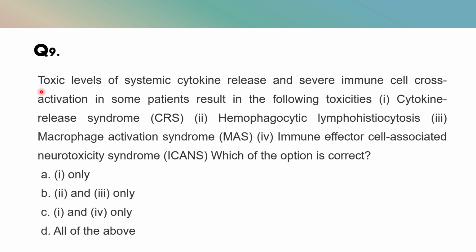So read this question again and try to answer this question. Take your time, 2 minutes or 3 minutes, but read this question twice or thrice, then I hope you can answer.